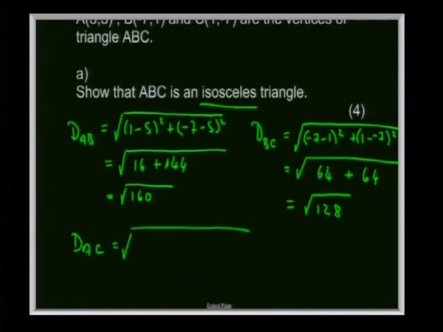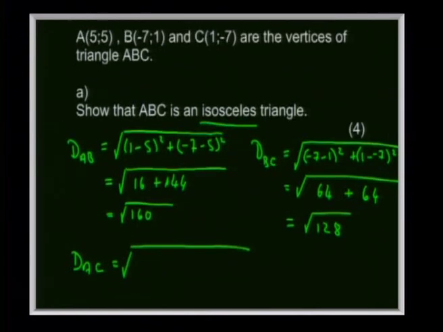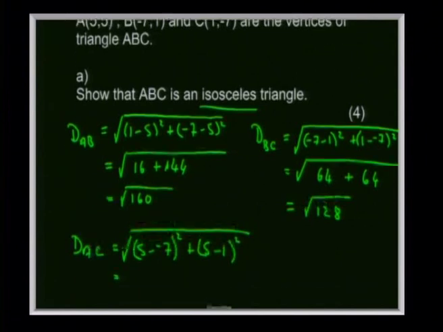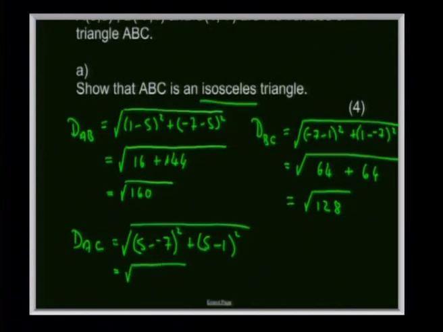Well, the distance of AC, let's get our coordinates, will be 5 minus 7 all squared plus 5 minus 1 all squared. What does that give us? Well, the square root of 12, which is 144, plus the square root of 4, which is 16.